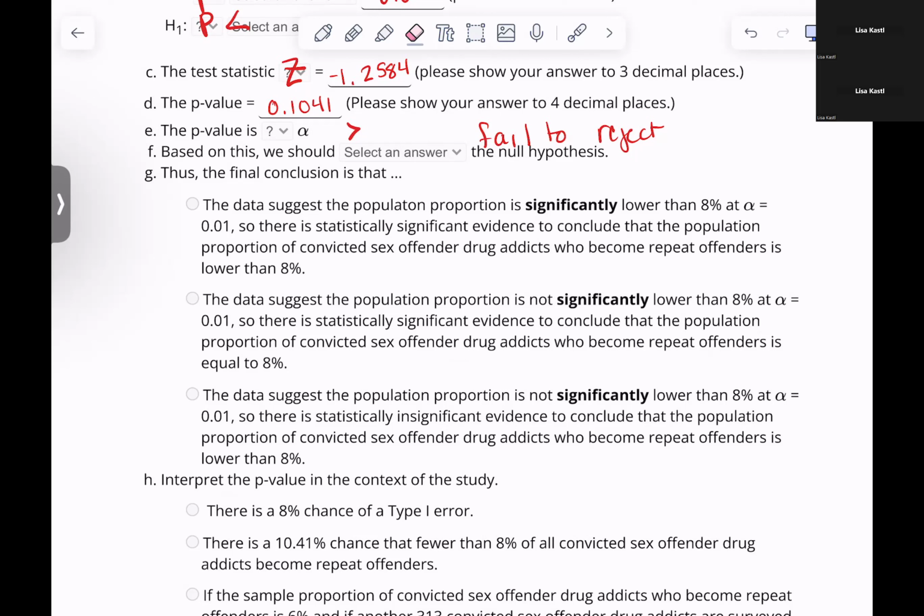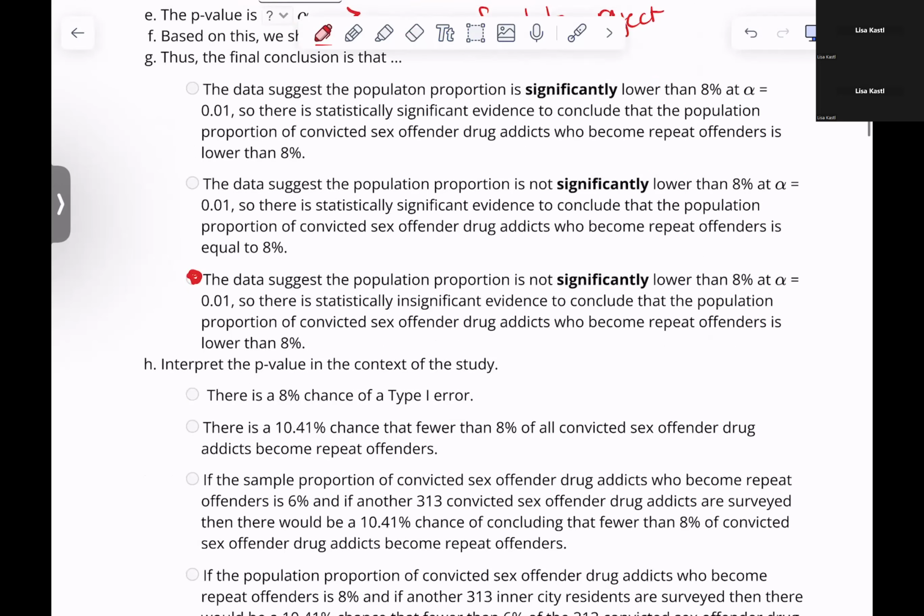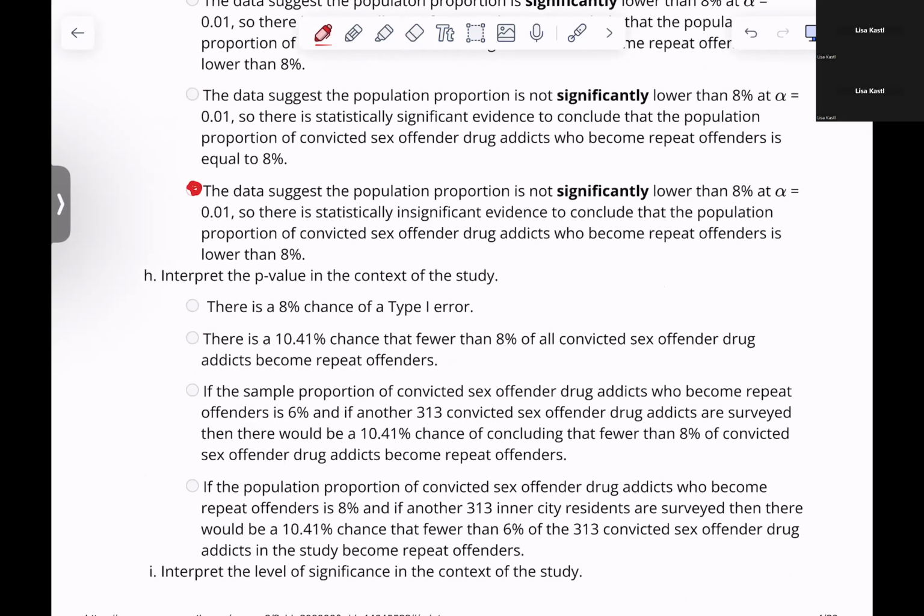You're failing to reject the null. So it has to be this one. You're not accepting the alternative, so it's not statistically significantly lower than 8%. Okay, the p-value is the probability of getting a value that extreme or lower. And p-hat was 6%, in case you were interested.